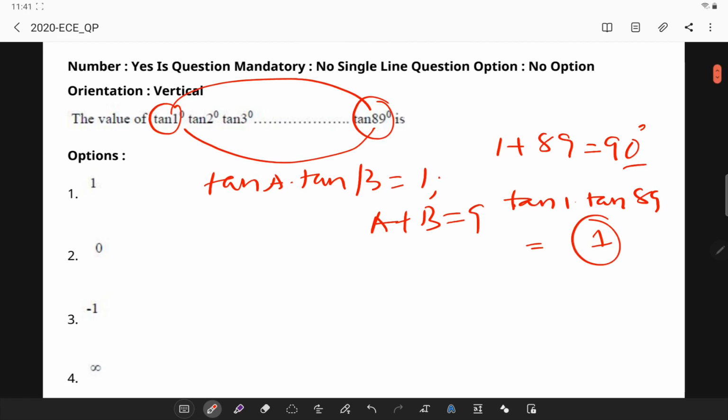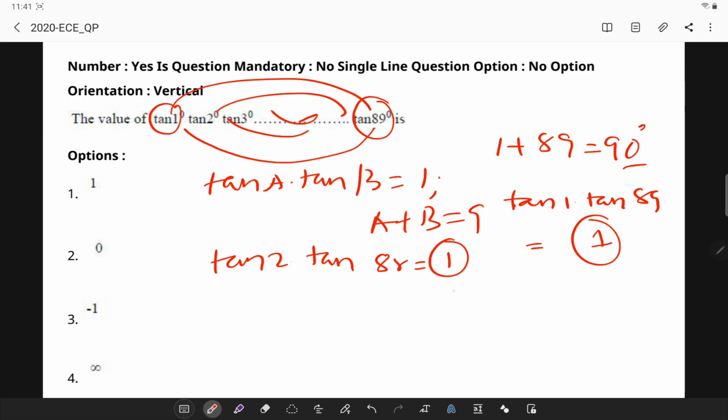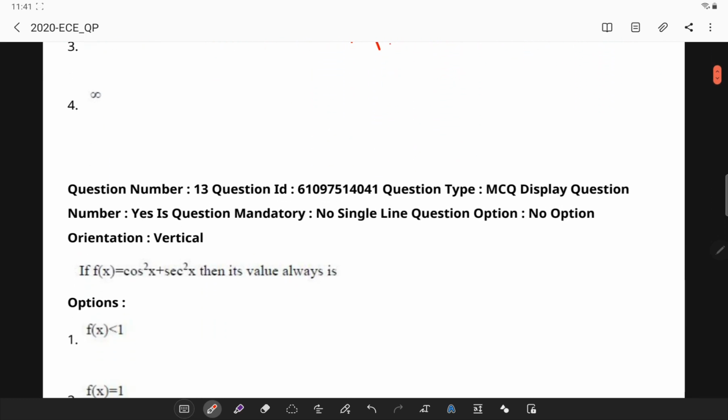So if I do all the combinations, tan 2 into tan 88, similarly I will get 1. So of all the multiplications, I will be left with 1 into 1 into 1 into 1. So the answer will be 1 only.